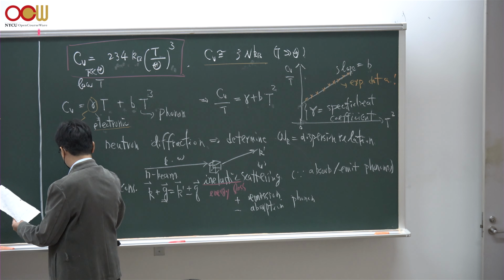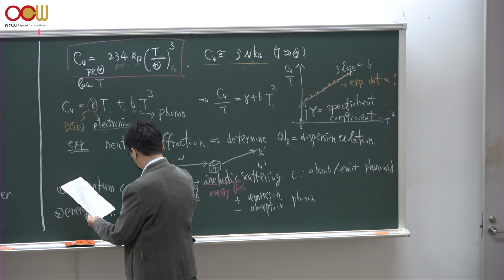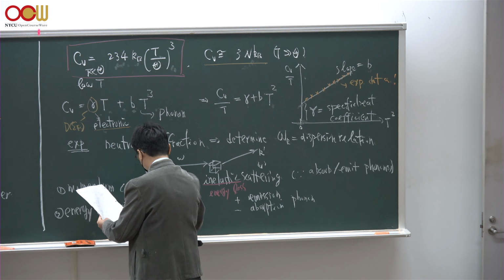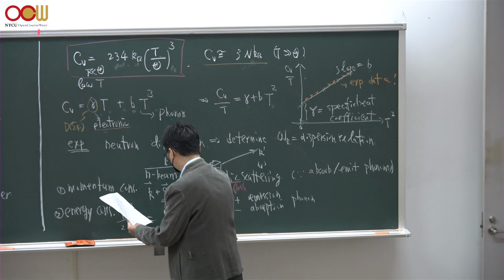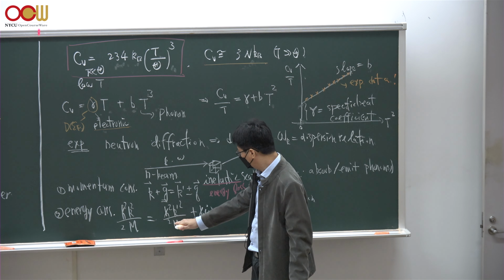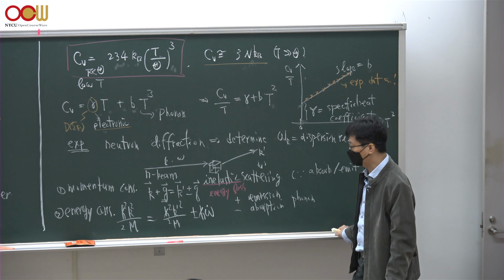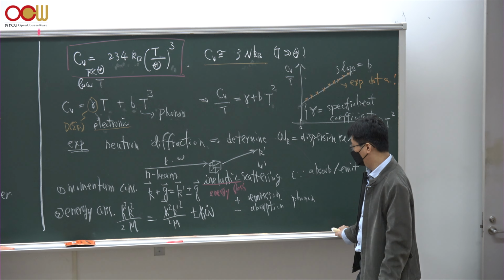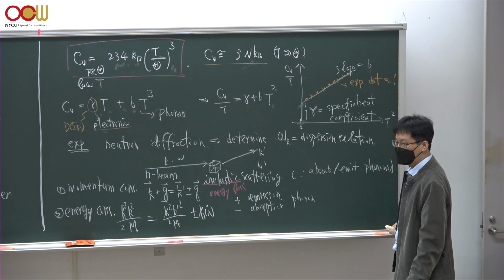And number two, energy conservation. So the incoming energy is given by the kinetic energy of the neutron beam, and the outgoing is the kinetic energy of the outgoing neutron plus or minus the phonon energy. Okay, so this process is actually dominating, giving the leading contributions to the inelastic neutron scattering.